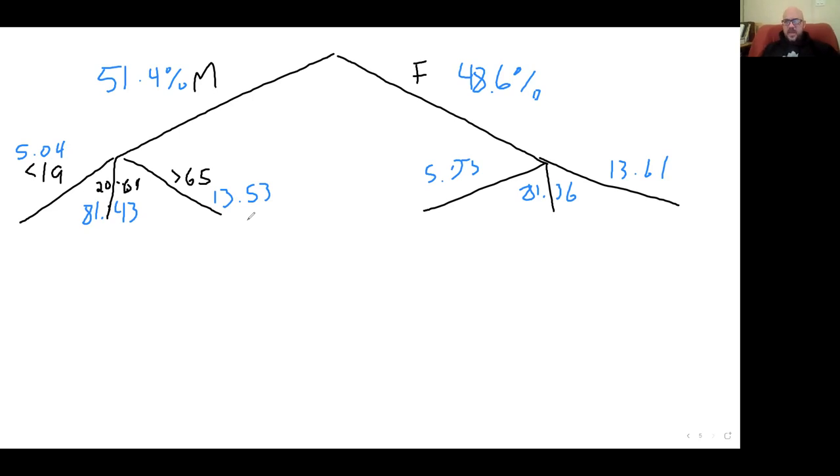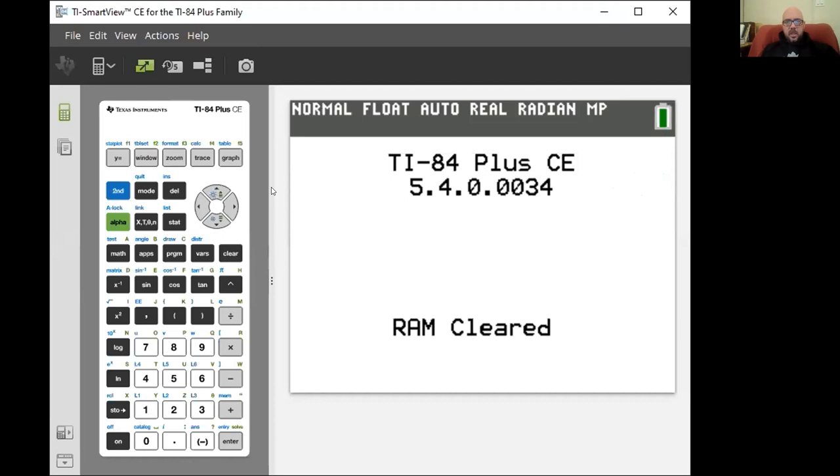So what I'm going to do is go to the calculator and put the second of the variables into lists. I'm going to put them in list 1 and list 2.